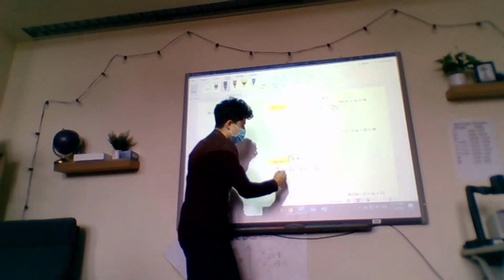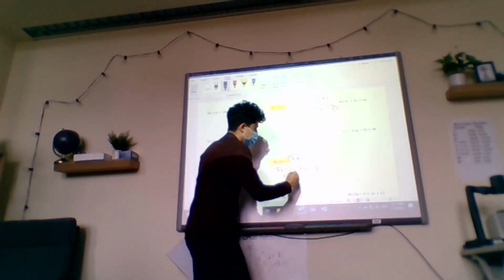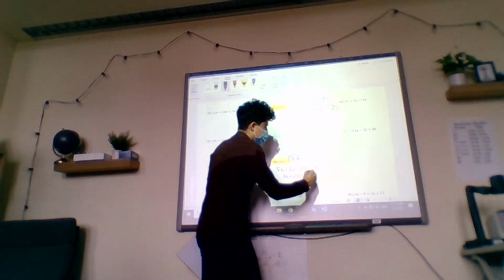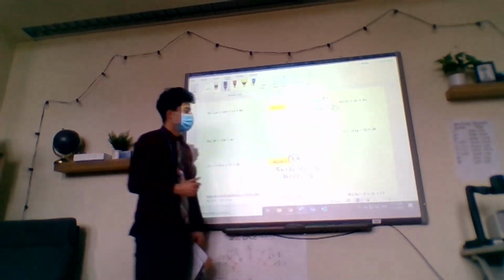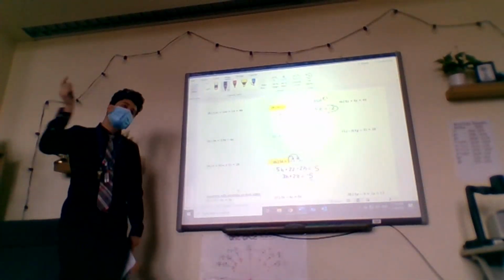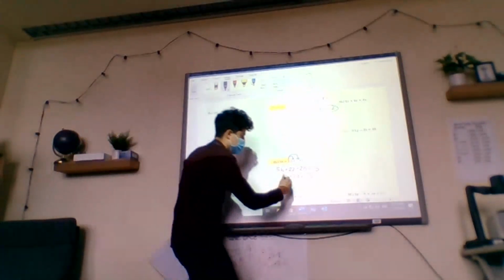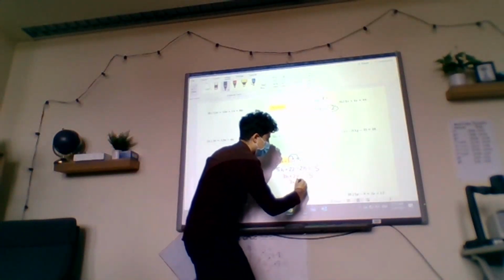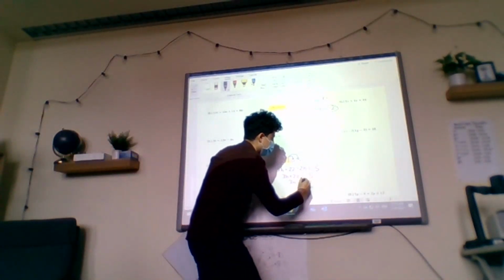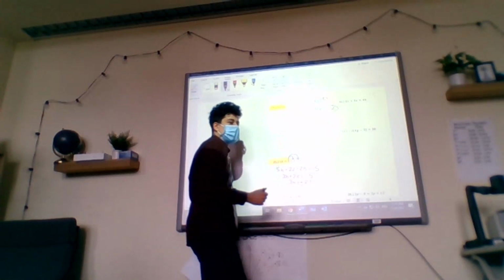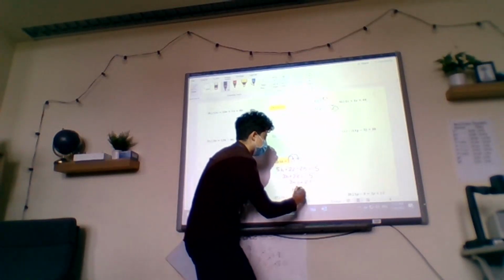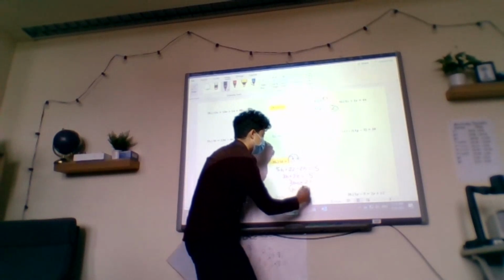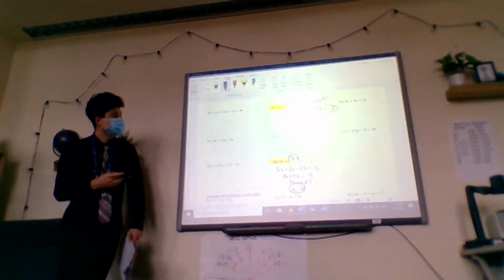So 5h minus 2h should be 3h plus 22 equals negative 5. Then you subtract the 22 and divide by 5, we know from here. So here's me going fast, watch this, negative 27. And then divide by 3, you get h equals negative 9.